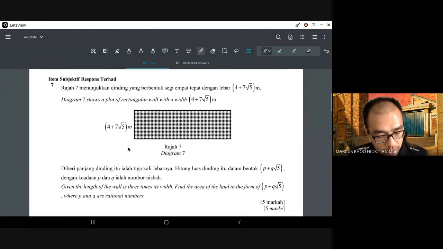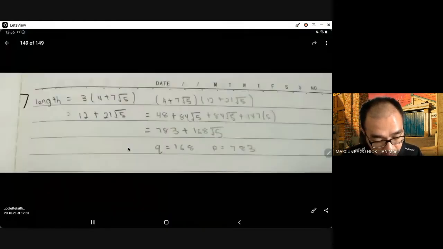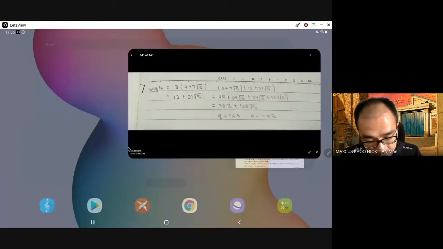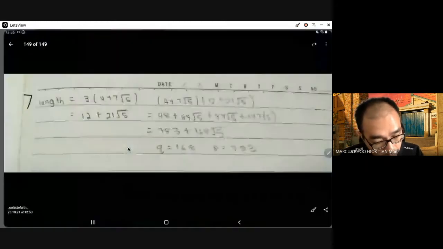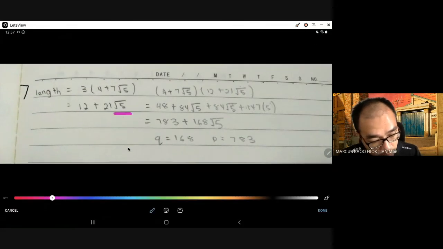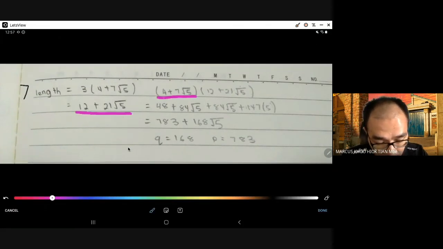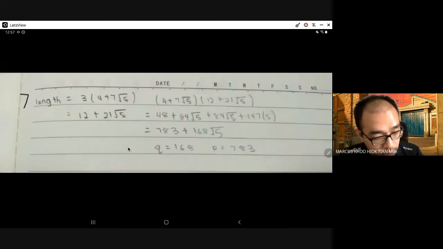How do you get this P? Oh, in this form. Okay. Times 3 everything. So the length is times 3. So this multiplied with this, you get 48. Oh, okay. So P is 783 and Q is this one. Yeah, I think that's okay. It looks fine to me. Okay, good.